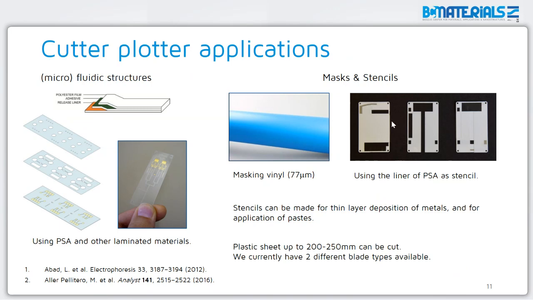You deposit your paste, you cure it, and then when you remove the remaining release liner, you end up with printed structures. So this is graphite, and this is silver chloride paste.